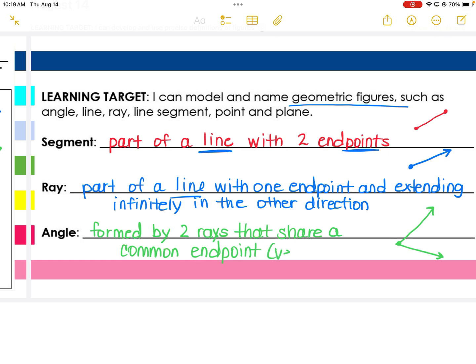And that common endpoint that they share is called the vertex. We'll talk more about those all the time. We'll talk about those a bunch.